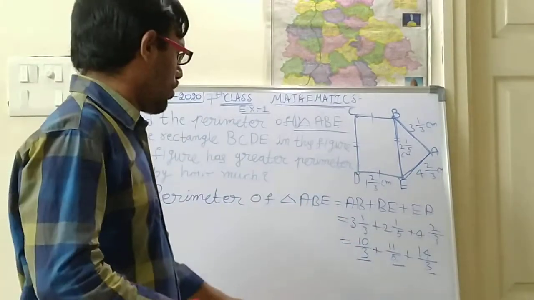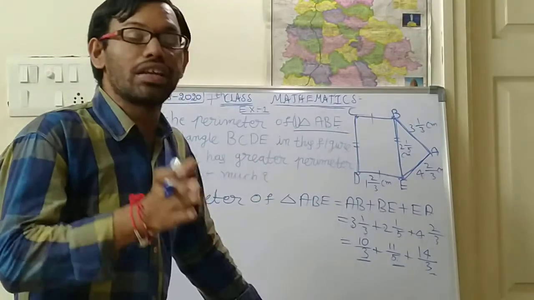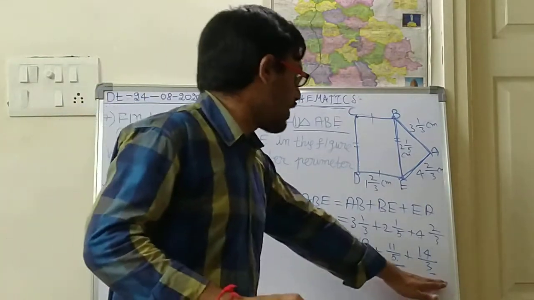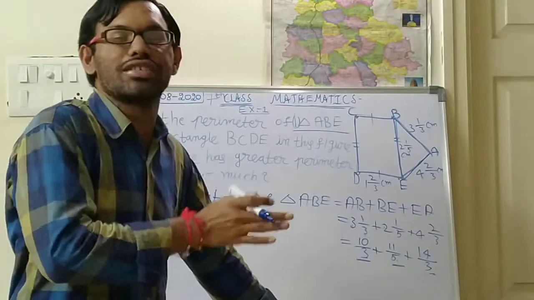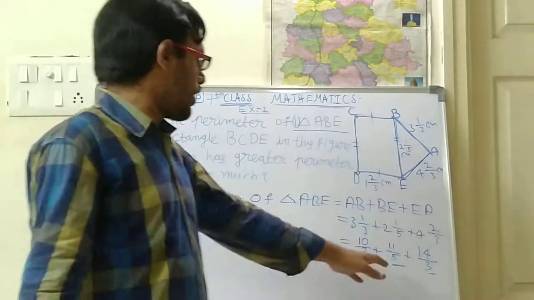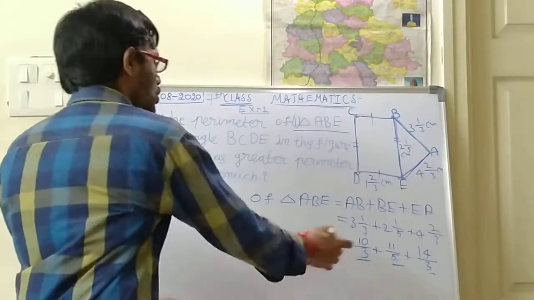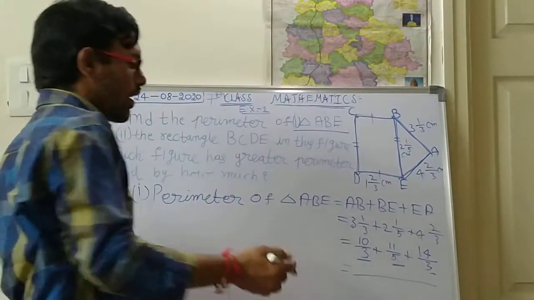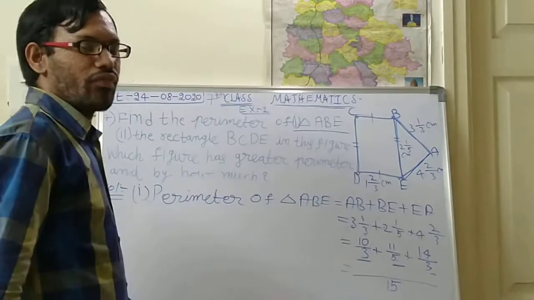If the denominators are prime numbers, then you are not supposed to do the LCM again, because if you do, 3 and 5 will come again. So that's why you should multiply. So what is 3 into 5? 3 into 5 is 15.